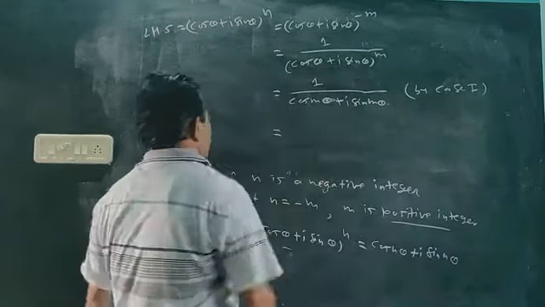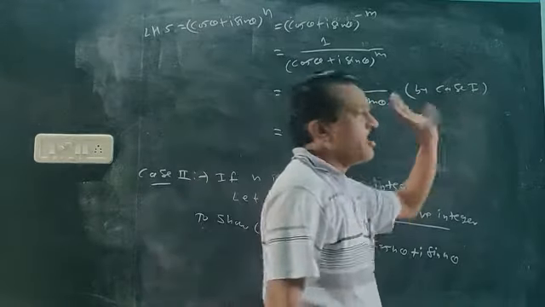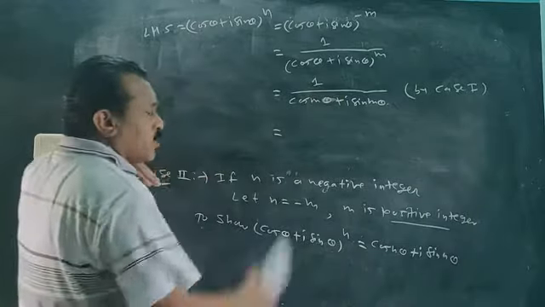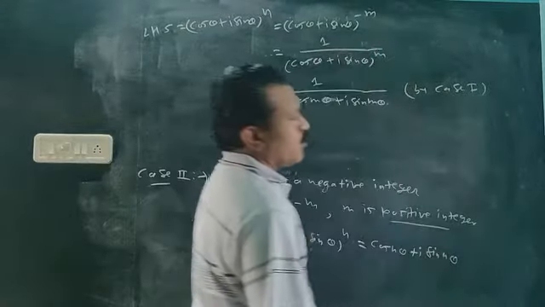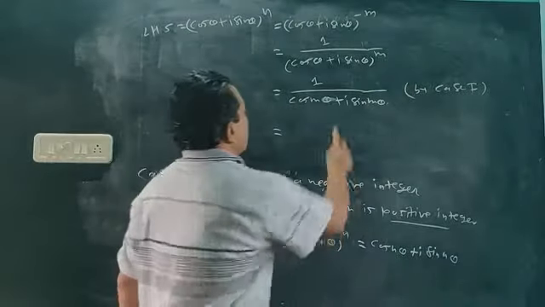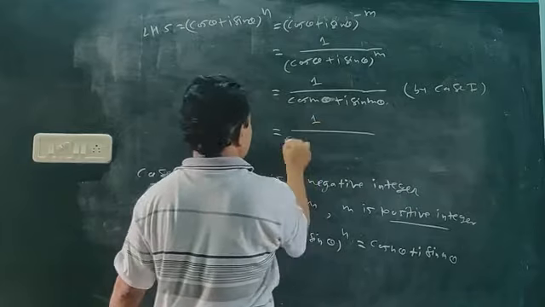Okay. Now I don't want the denominator statement, only a single line statement in the numerator. So how to get this in the numerator? It is a complex number, so multiply and divide by its conjugate.